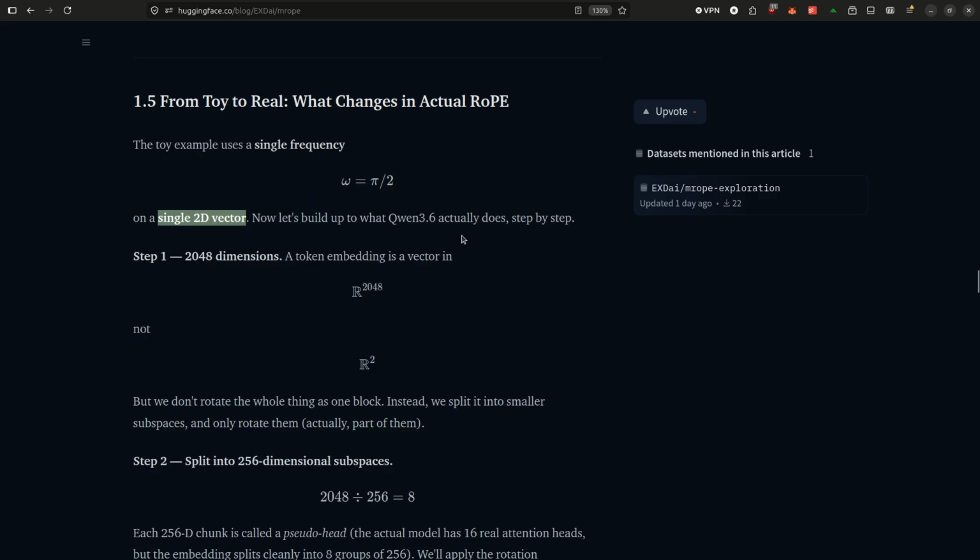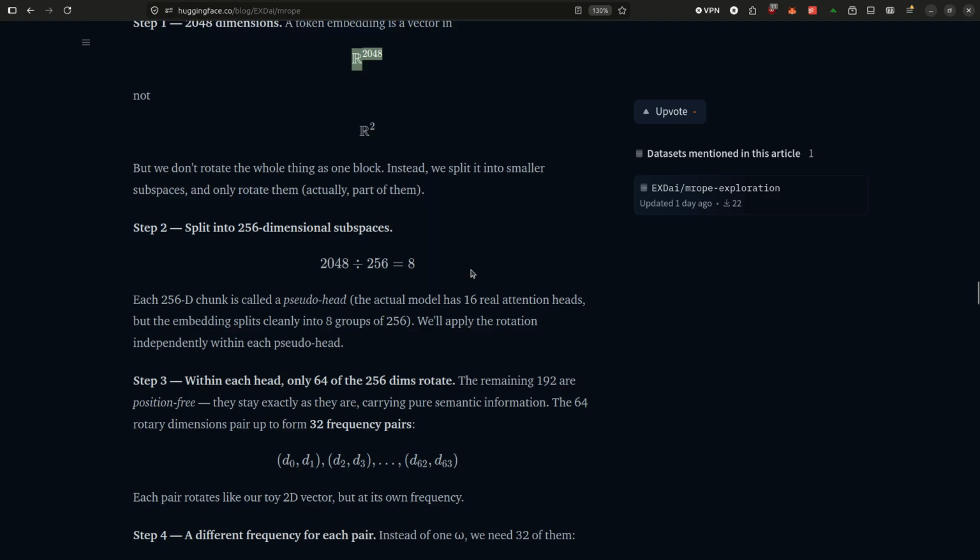First of all, Qwen exists in a 2048 dimensional real space. So the vector is inside this crazy multidimensional space. And we don't just rotate the one vector entirely. We don't rotate this vector, which is in all these dimensions, in just one way.